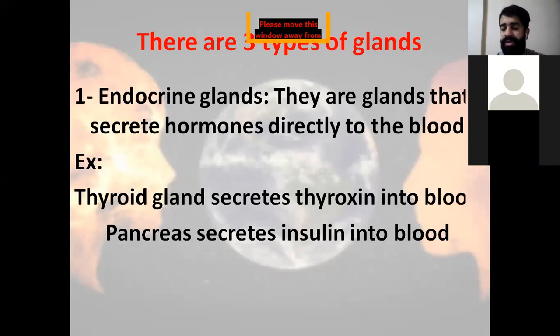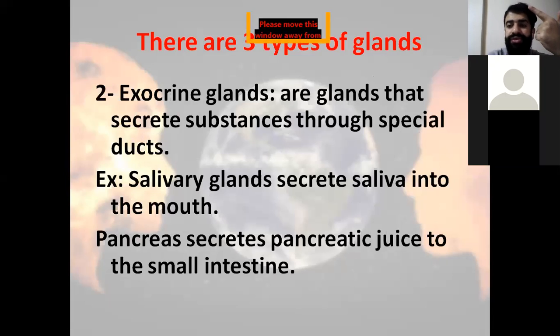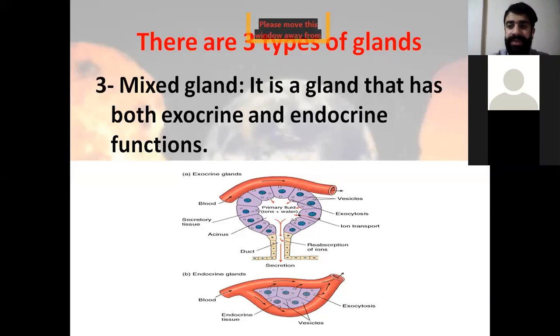This is the first role of the pancreas. Second role of the pancreas, it secretes pancreatic juice to the small intestine. This is what's known by the special ducts: into the small intestine for the pancreas, and into the mouth for the salivary glands. So these are the special ducts. They have a special way to move through. So here, the pancreas is an example of the mixed gland.